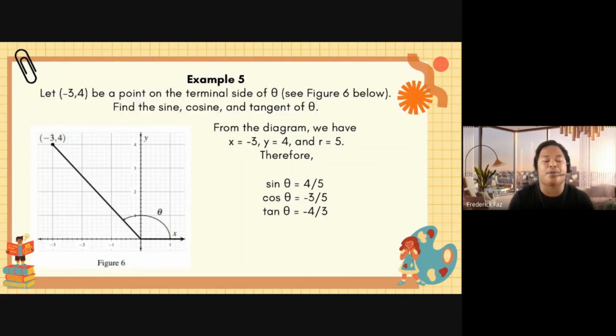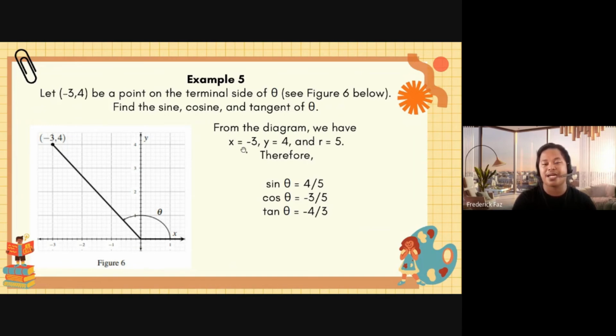Let's have this example. Let negative 3, 4 be a point on the terminal side of theta. See figure 6 below. So this is the figure. Our point on the terminal side is at negative 3, 4. So we let negative 3 as our x and y is equal to 4.